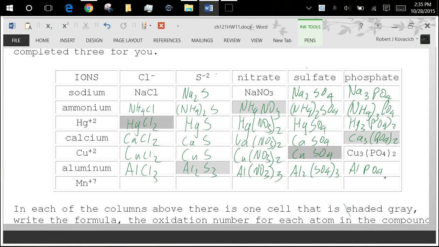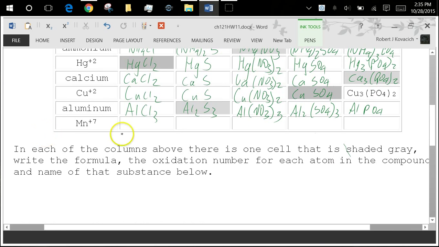And then this last one, this manganese with this charge of +7. So I've got Mn, and then I'm going to need 7 chlorides to go along with that. And I've got Mn2S7. And I've got Mn(NO3)7.